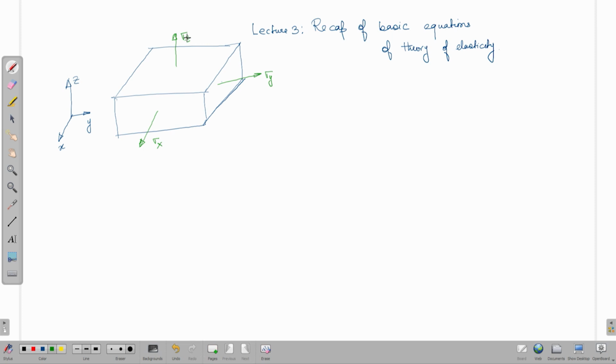Apart from these 3 normal stresses, I will have the shear stresses, which is tau x y, tau x z.